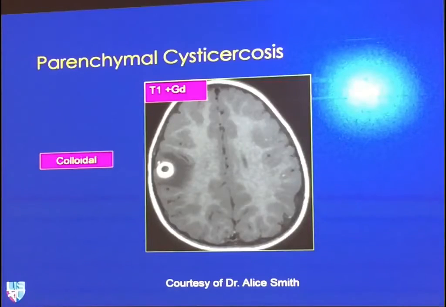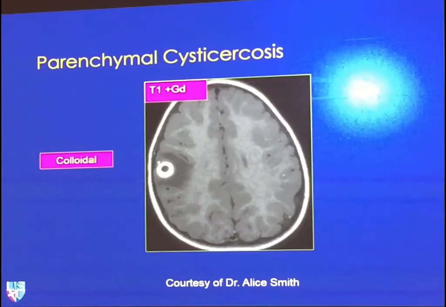So unfortunately, brain enhancing lesions have a pretty broad differential. Like when you're a resident, you study ring-enhancing lesions. That's everything from metastatic lesions to abscess to glioblastoma, among many different infectious causes. So the imaging finding of a ring-enhancing lesion is not specific.